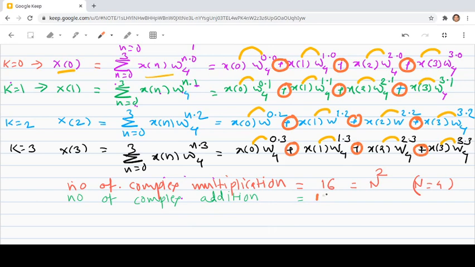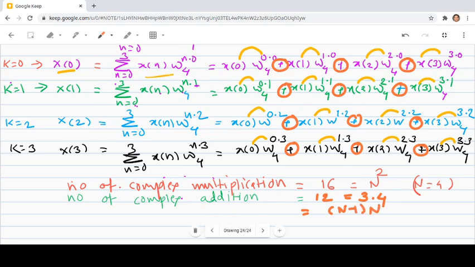So it requires in all 12 complex additions, because every term is complex in the above equations. And I can say that for every coefficient there are 3 additions, multiplied by 4 DFT coefficients, so it is 3 into 4, and this can be generalized as N minus 1 multiplied by N, because N is 4.